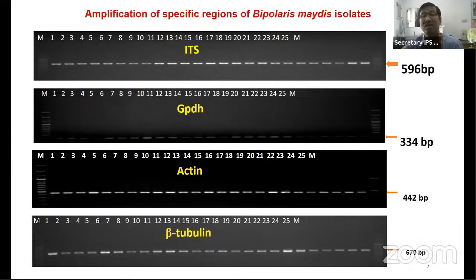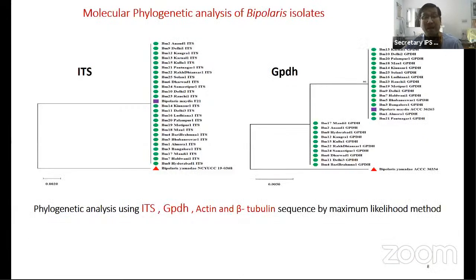And based on molecular characterization, to ascertain the pathogen, whether it is Bipolaris maydis or not, we performed ITS sequencing, GPDH sequencing, actin gene sequencing, and also beta-tubulin gene sequencing, and it was perfectly showing a distinct identification. Phylogenetic analysis was also done using all the 4 gene sequences.